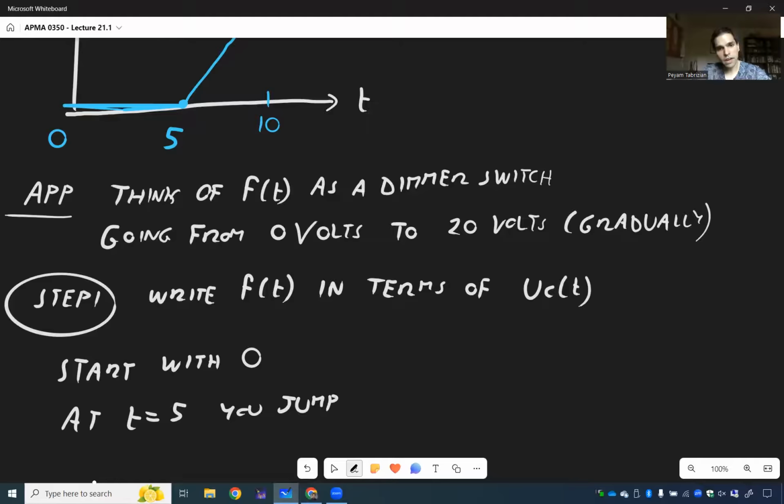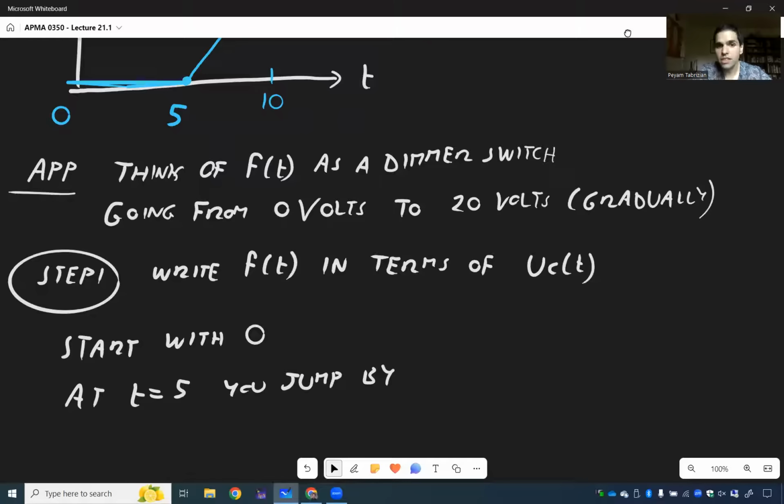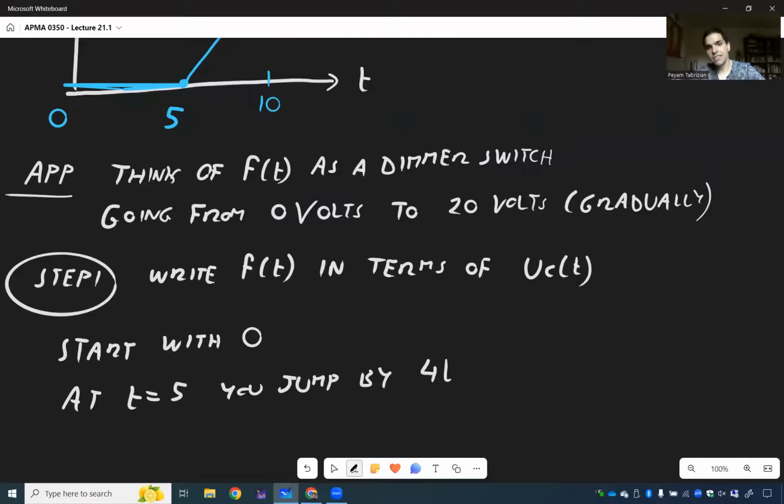So the starting value is 0, and it goes to 4t minus 20. So the difference is 4t minus 20. But remember, it's important to write this in terms of t minus 5. So this is really 4(t minus 5). So this will ultimately give you a plus 4(t minus 5) u5 of t.